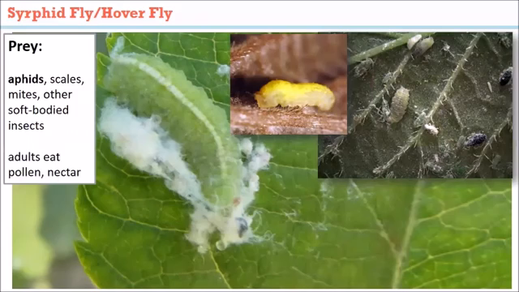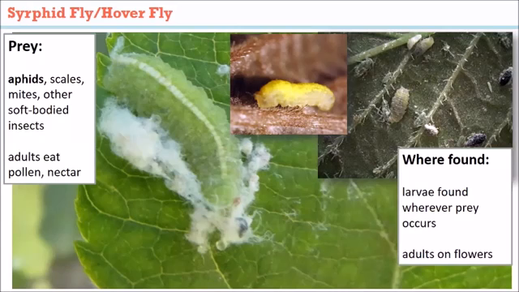They have the same diet as the lady beetles and lacewings: aphids, mites, scale crawlers. But the adults, like the lacewing, are not predaceous. They need the flowers, the pollen and the nectar, in order to survive and mate and lay their eggs.